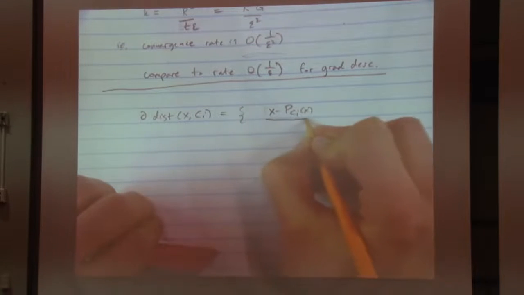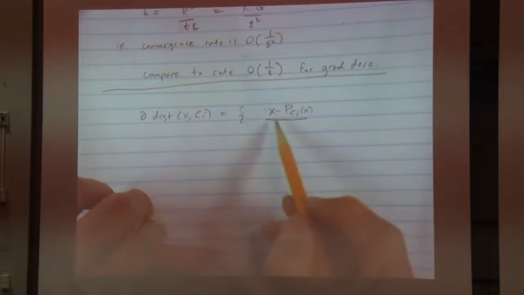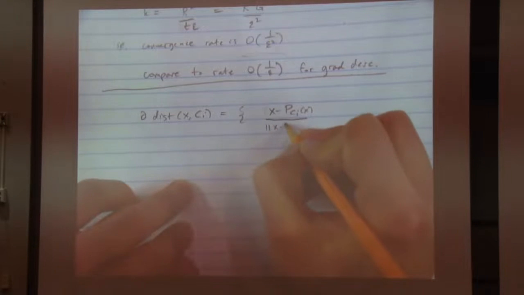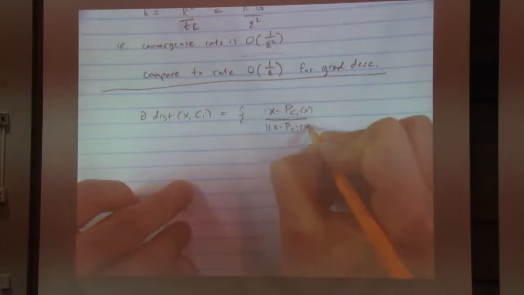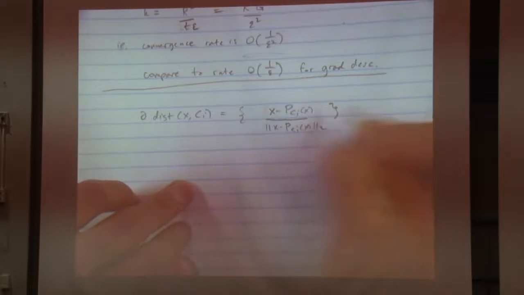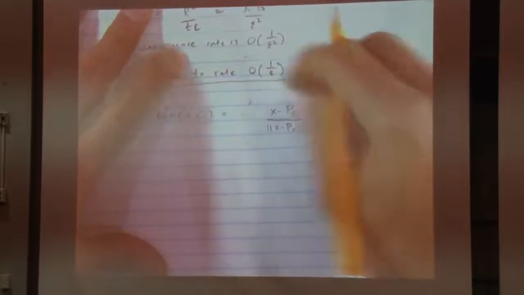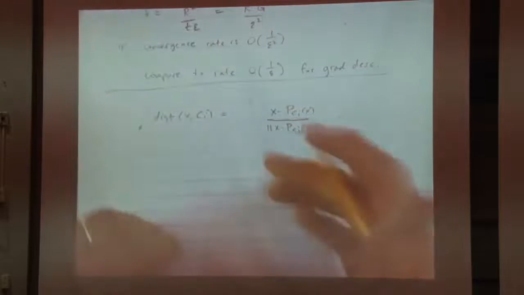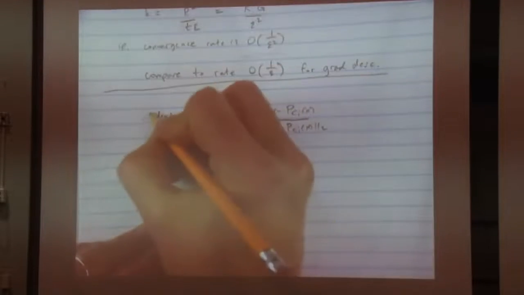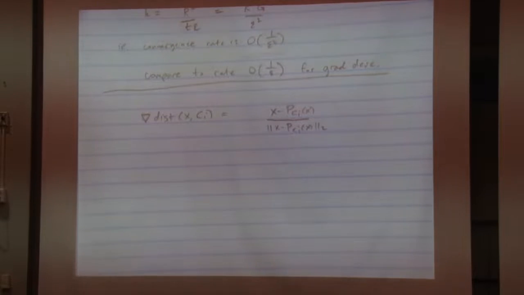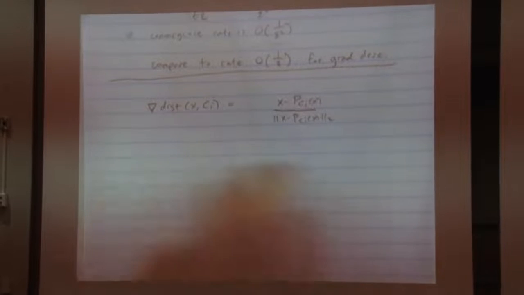It's the difference of x and its projected point onto the convex set C_i, divided by the norm of that difference. Okay, so in fact, because there's only one element, we learned that this was the gradient. We're not even going to use here that actually we need this to be the gradient. So this is an example of where if we just knew that the subgradient contained that point, that would be good enough. But just for simplicity, I'm going to write it as the gradient. But you'll see, we don't actually need this to be differentiable.